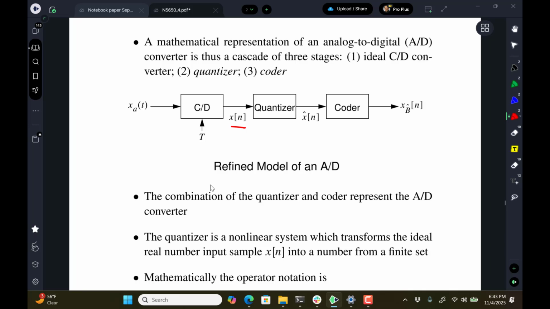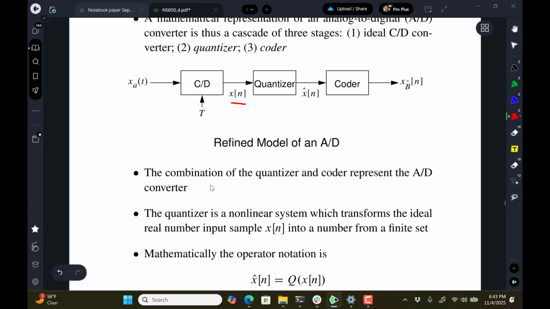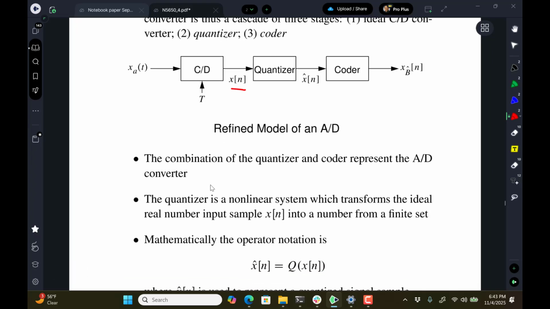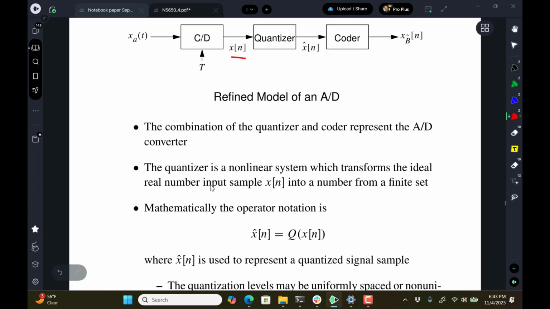Quantization is a nonlinear operation, and the way it's talked about here, it's Q for quantizer. It's the representation of quantization of an infinite precision waveform into a discrete time waveform of amplitude levels.